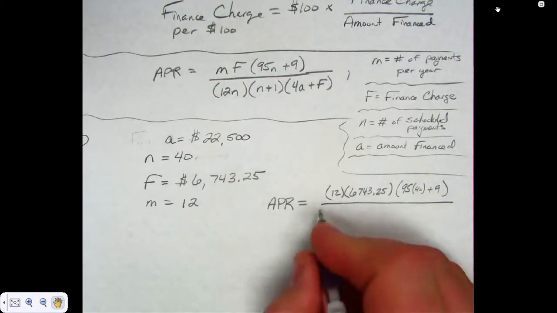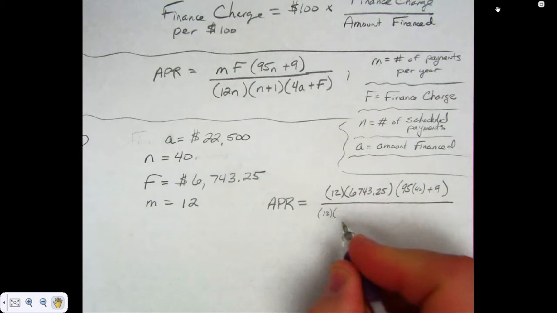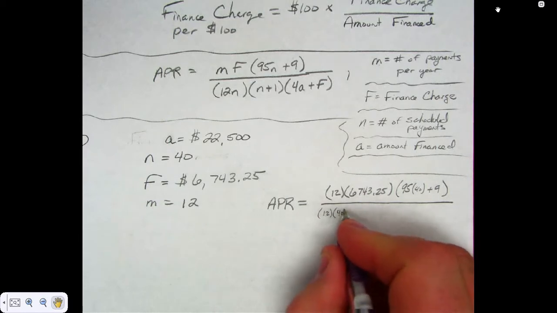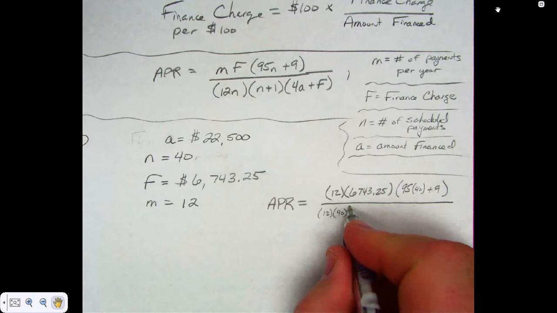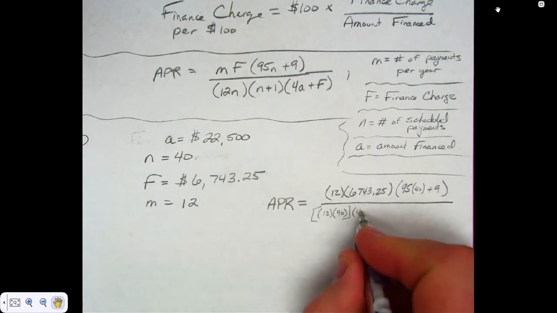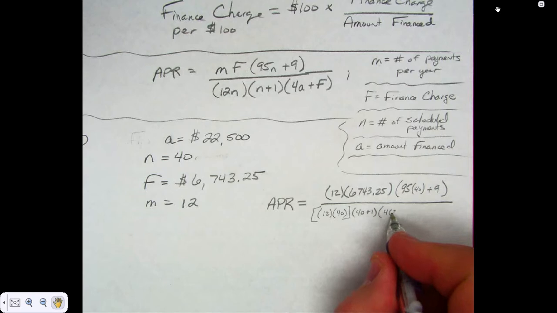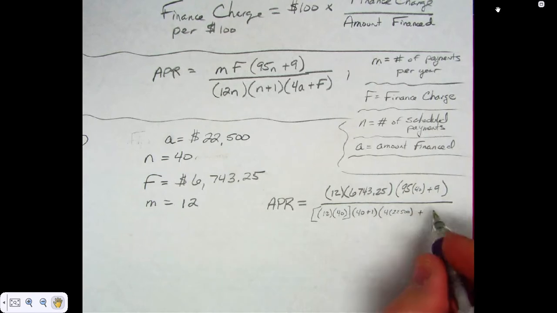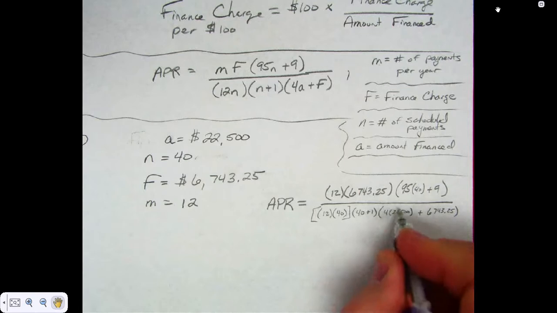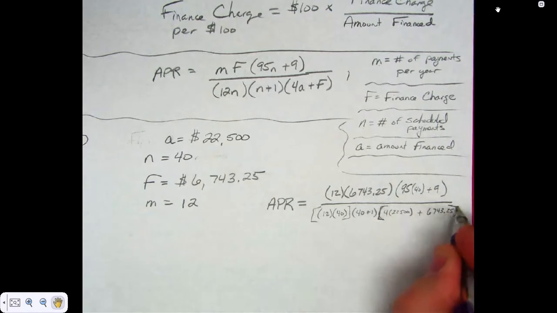On bottom, 12 times N is 40. All of that times N, which is 40 plus 1. And that times 4 times what's A? 22,500 plus F, which is $6,743.25. Isn't that fun?